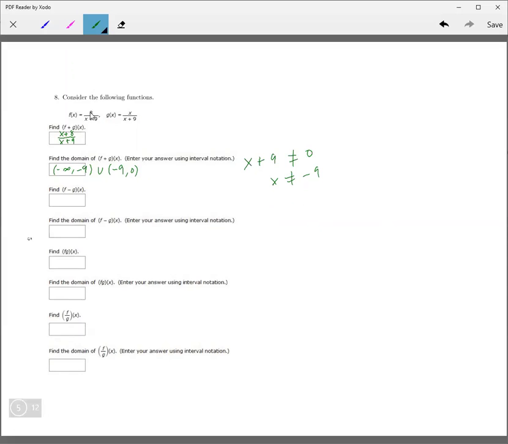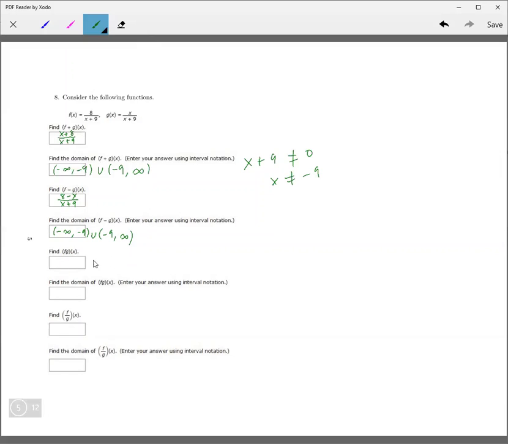Okay, f minus g, so that would give us 8 minus x over x plus 9. And again, the domains can be the same thing. Well, I said infinity, but I wrote 0.